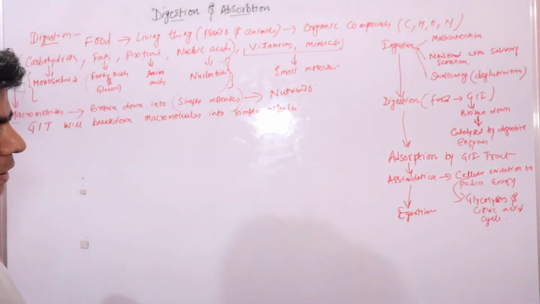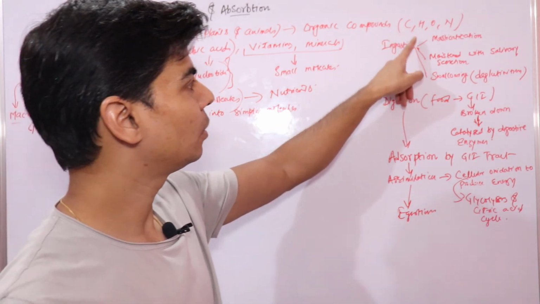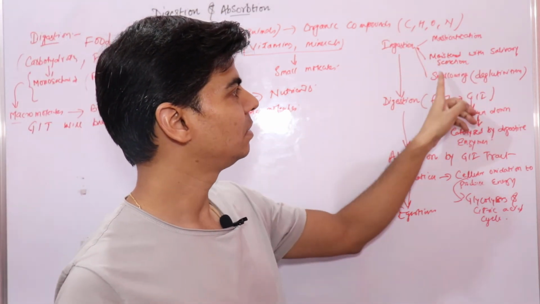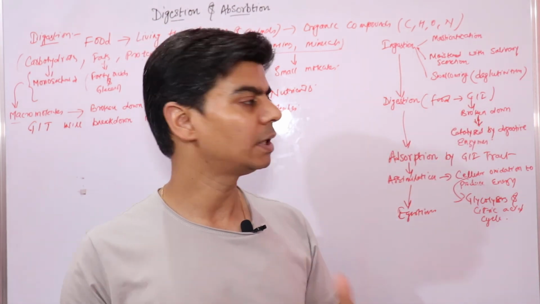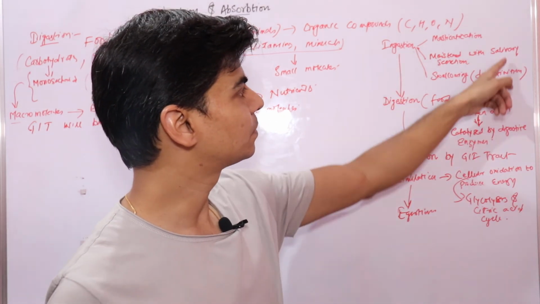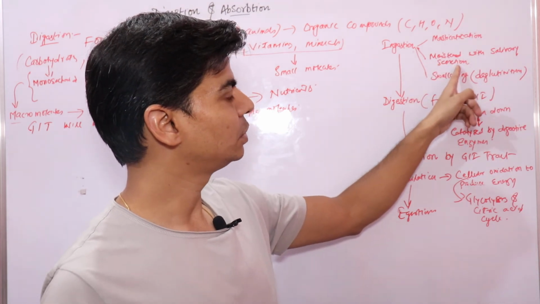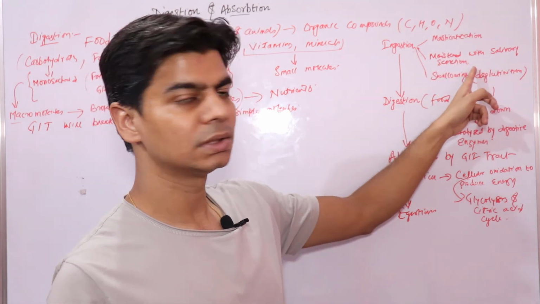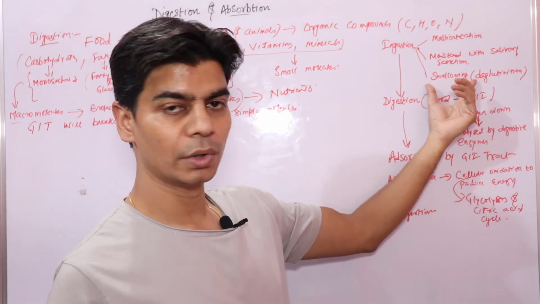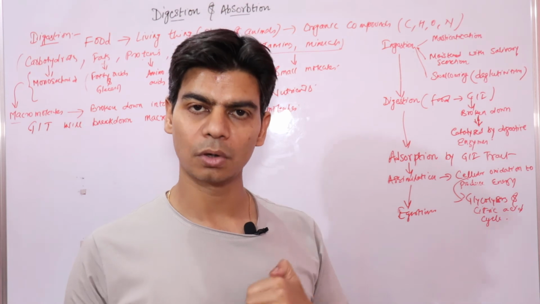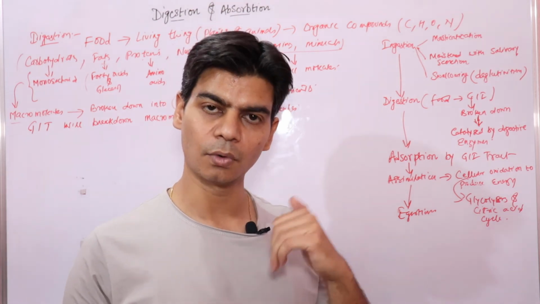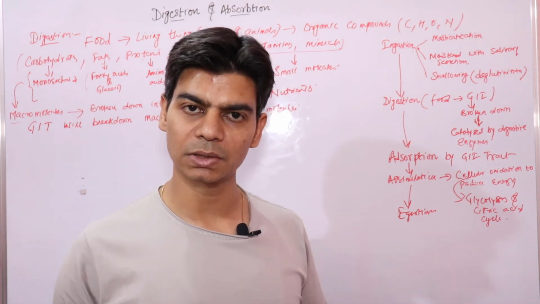So in future lectures we would be looking into detail of ingestion, mastication. First, when we take in the food in the buccal cavity, all these processes: mastication, moistening of food with saliva, then swallowing. When you swallow food, it will go through different organs. We would be looking into detail what organs it will pass through.